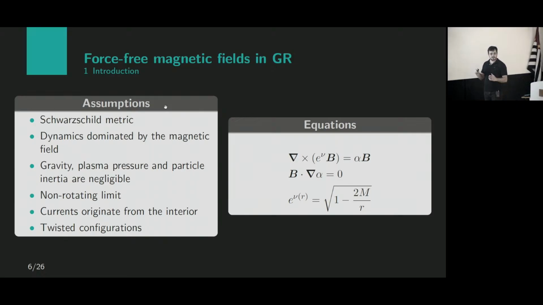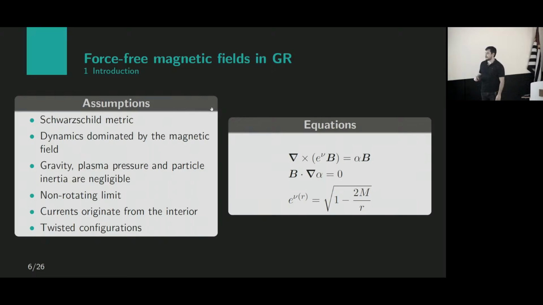The dynamics of the magnetosphere depend only on the magnetic field. All the other forces compared to the very strong magnetic force can be neglected: the gravity of the star on the plasma, the pressure of the plasma in the magnetosphere, the particle inertia, and all other forces, electric forces, whatever, are negligible compared to the magnetic force.